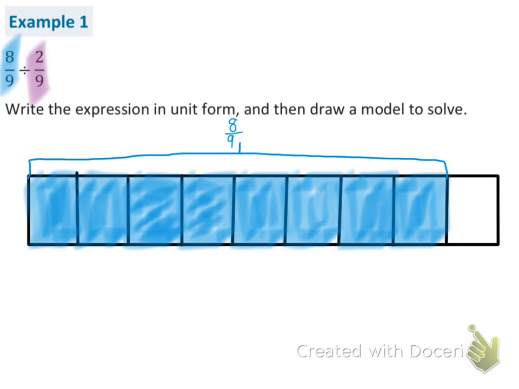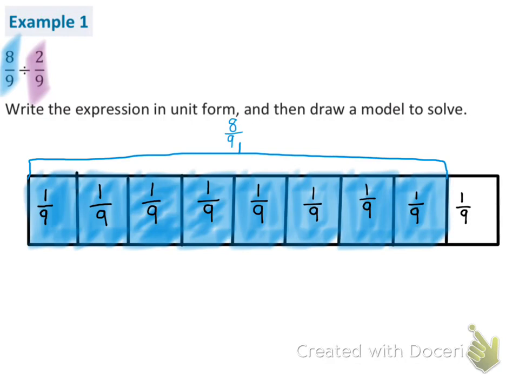So how many 2/9 are in 8/9? So since I partition this tape diagram into 9 equal parts, each unit has the value of 1/9. Because if I were to add them, I would get 9 out of 9, which gives me 1 whole.